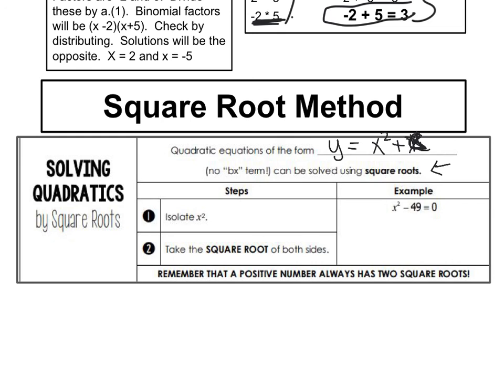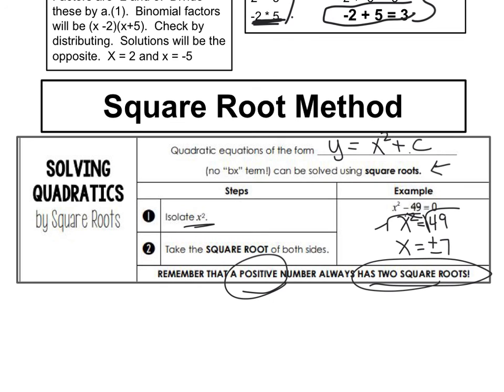Whenever you have x squared plus c, alright, you're going to isolate x squared. So in this case, I would add 49 to both sides, and then take the square root to get rid of that square. So x equals plus or minus 7. Alright, remember, a positive number always has two square roots, a plus and a minus.